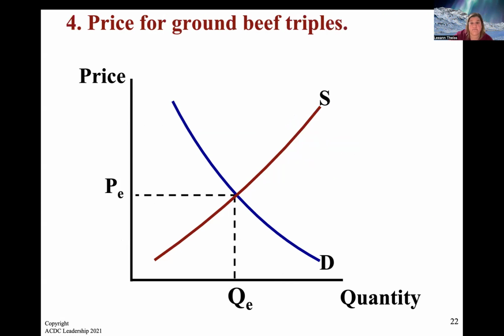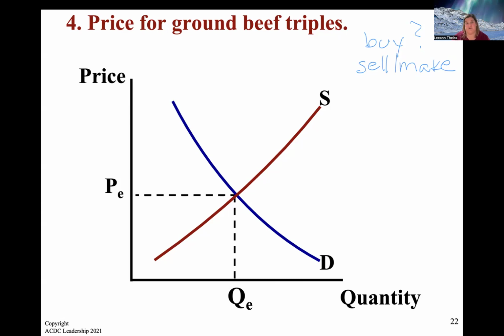Okay, next, the price of ground beef triples. Does that affect our willingness to buy it, or does that affect our willingness to sell or make it? Well, ground beef is simply one of the ingredients that goes into making hamburgers. So this is affecting our ability to make it, to produce it.